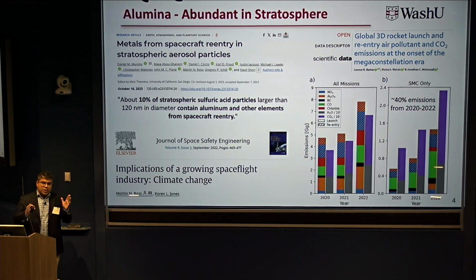Just to give you a perspective, when a 250 kilogram satellite re-enters into the environment to Earth, it emits around 30 kilogram of alumina particles, and they endure in the stratosphere for decades. And just in 2022 alone, we had around 2 gigagrams of alumina nanoparticles from satellite launches and re-entry suspended in the stratosphere. So this is a big problem.